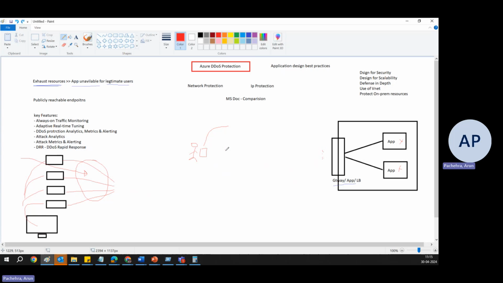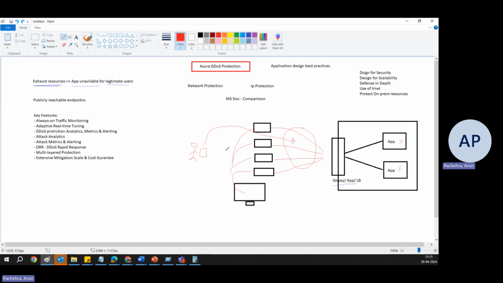That's the usual and normal way of running an application. But with the attack happening, the resources get exhausted, and the legitimate user's request gets lost or is not catered to by the application. So this is the high-level idea of what a DDoS attack is.